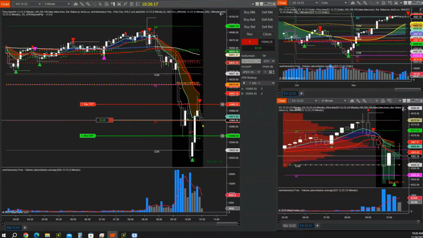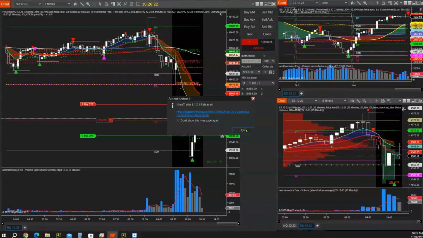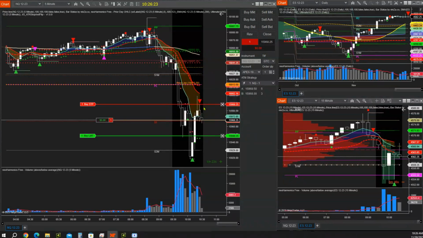EMAs are saying lower. Price action is saying lower. But what could happen though is you get a bounce, then back down. So let's see what happens here. If it starts catching some support, I'm just going to get out, minimize my loss or break even.